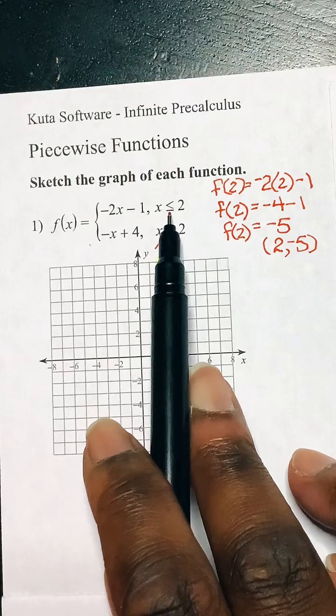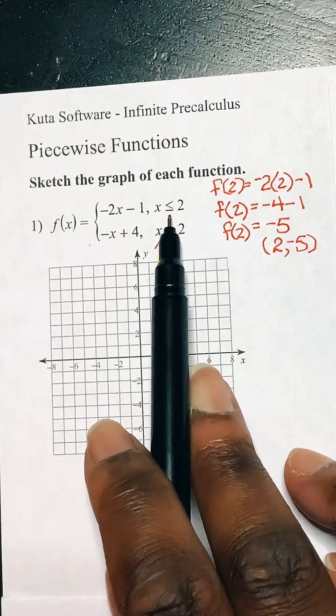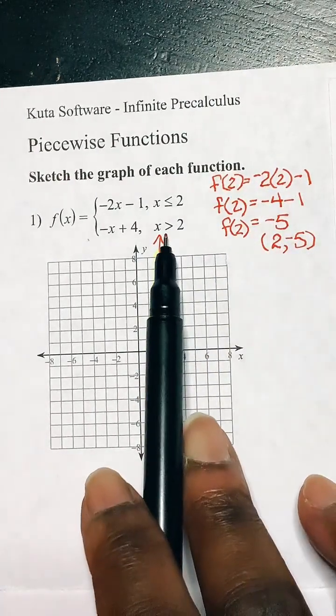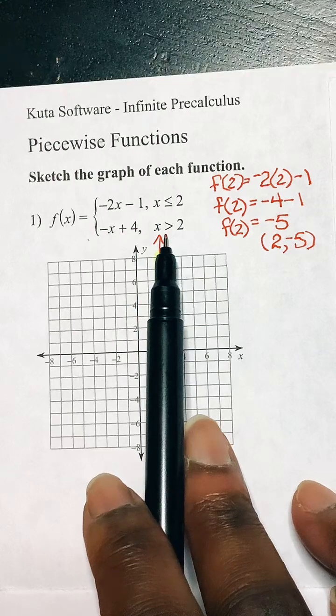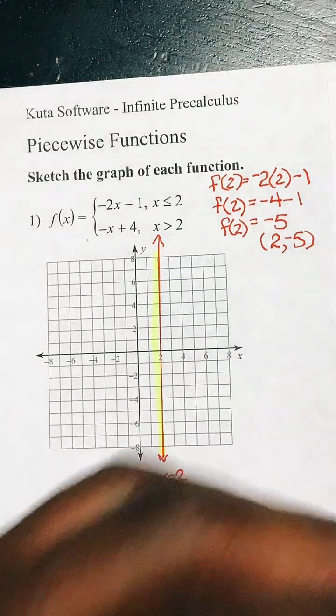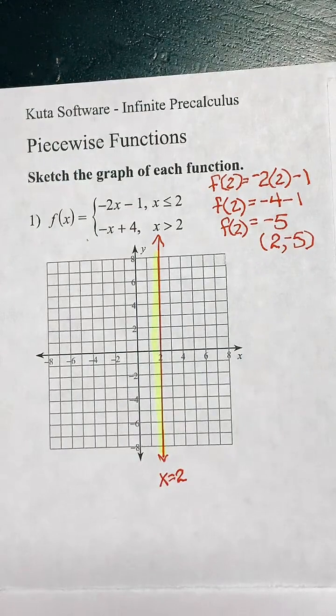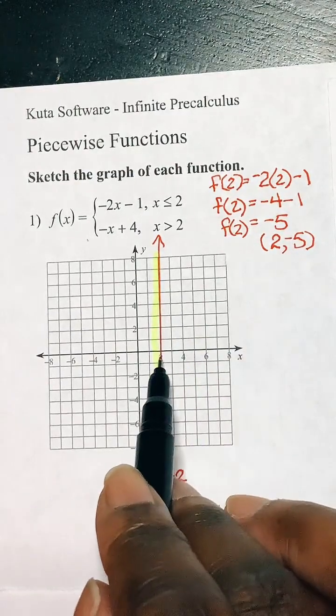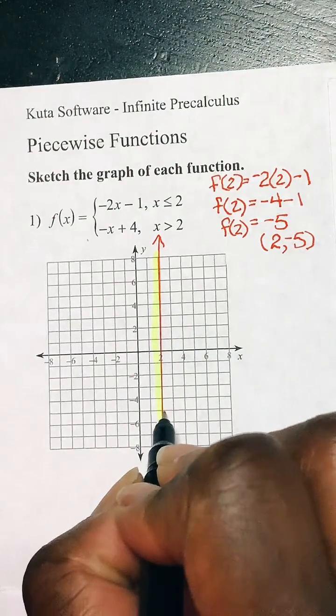If it says less than or equal to, that's going to be closed because you're including the 2. If it's just greater than or just less than, you're not including the 2. Okay, perfect. So it's going to be a closed at 2, -5.